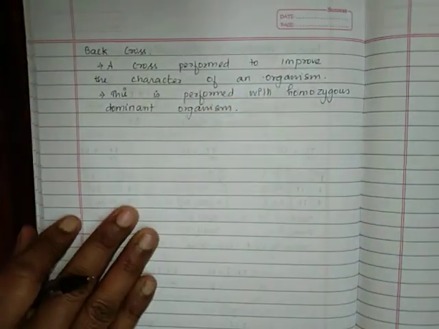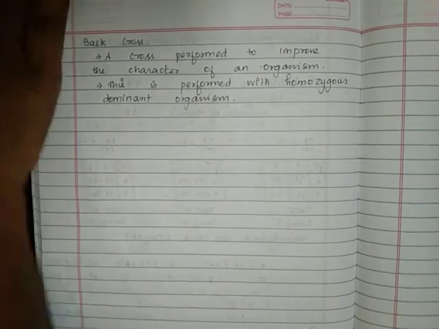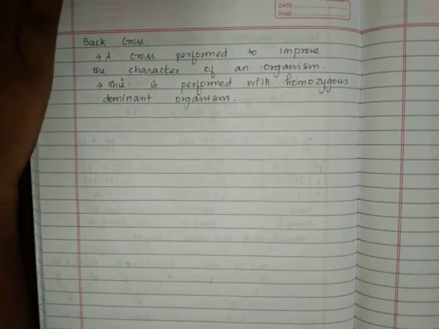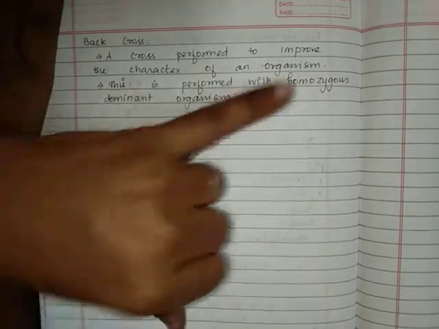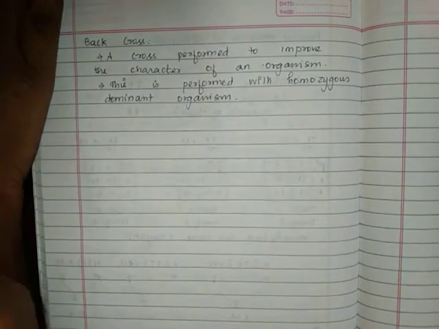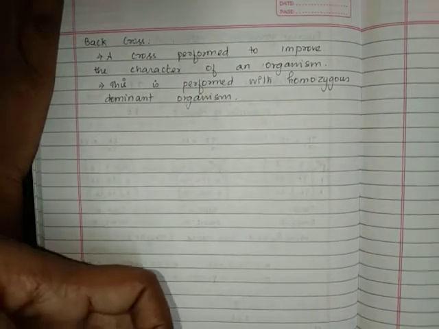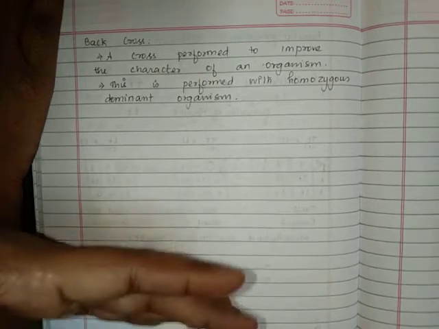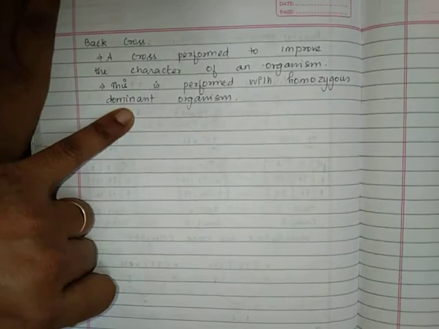If you are given with a plant which is going to be having its minimum characteristics, for example recessive characteristic, then we are going to change it to the dominant character, that is what we call improving the breed. Now improvement means changing the character from recessive to dominant, that is what we call improving the character. So to do that improvement, we have to cross it with a homozygous dominant organism.